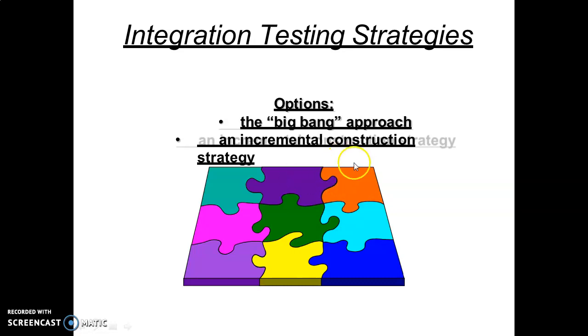Then if M3 is there and if M3 is successfully unit tested, then to M1 and M2 I add M3 and then perform the integration testing. That is the incremental construction strategy. It is not like the Big Bang where we club all the modules together and finally perform the testing.